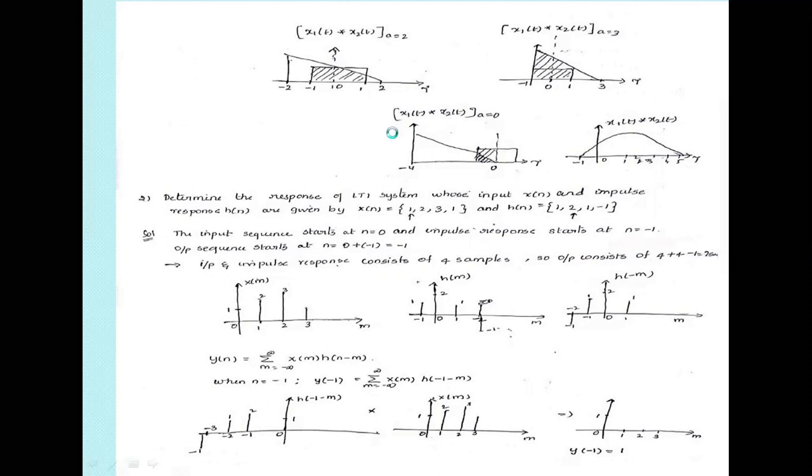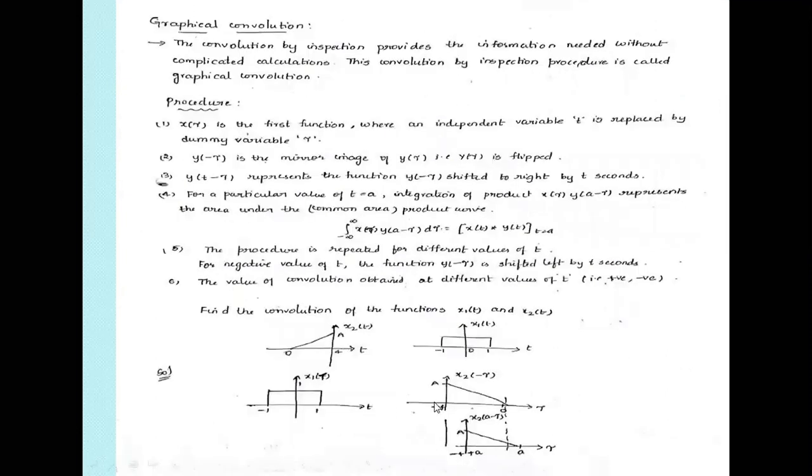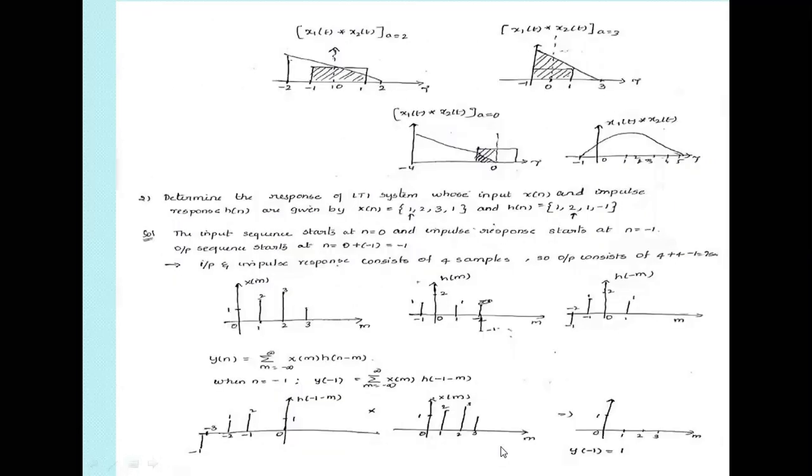Previously I told t is equal to 0, t is equal to 1. Now it is t is equal to 2, and then t is equal to 3. Now we'll draw the graph for that also. I will write the formula again.